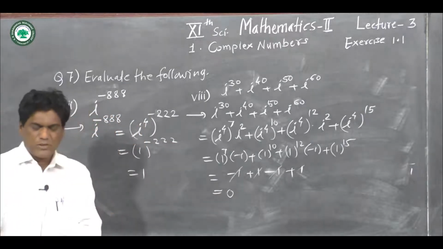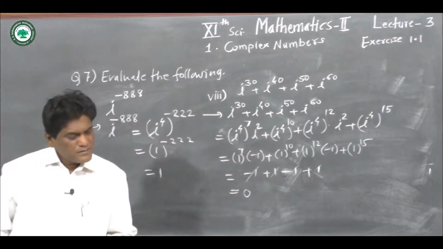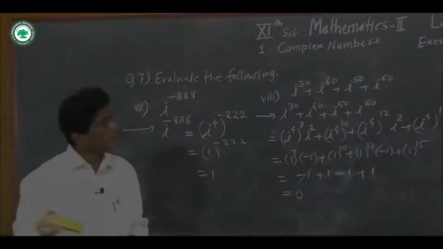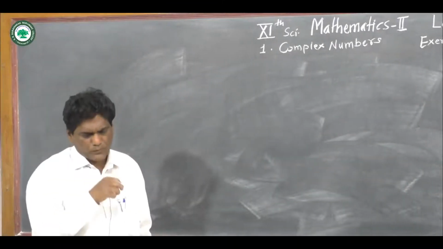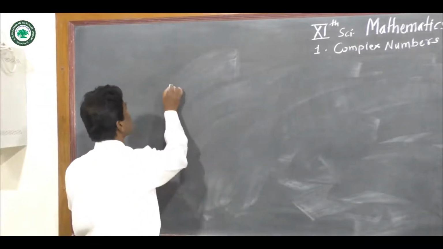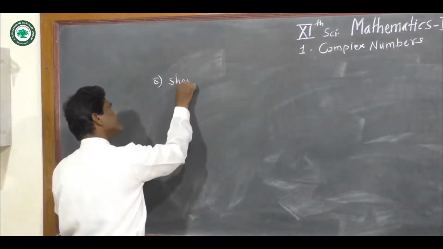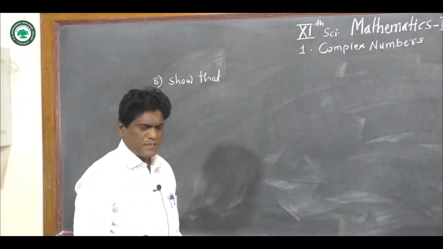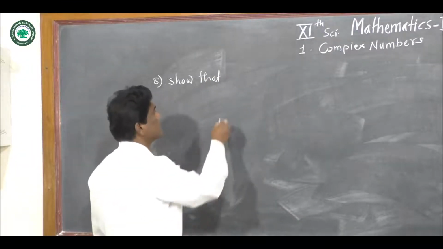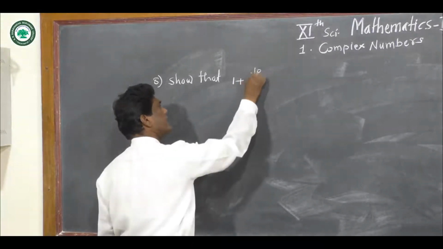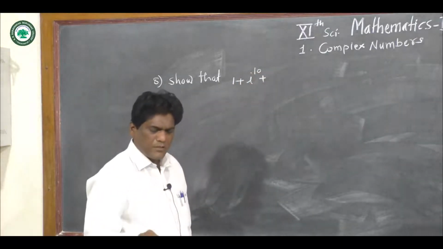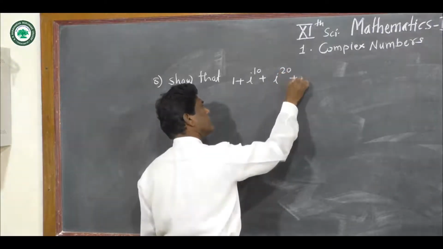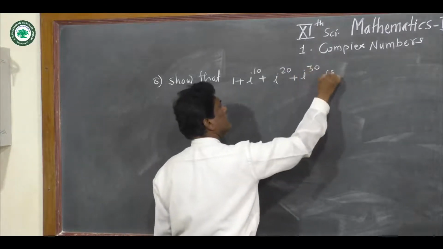So in this way we have completed question number 7. Now question number 8. Show that 1 plus i to the power 10 plus i to the power 20 plus i to the power 30 is a real number.